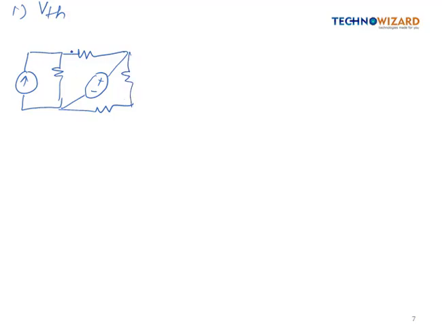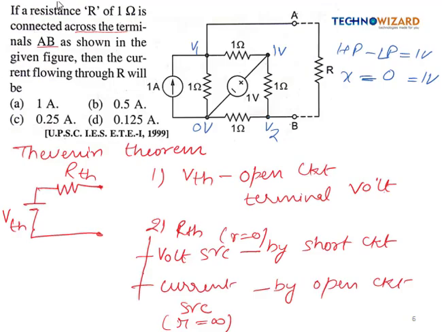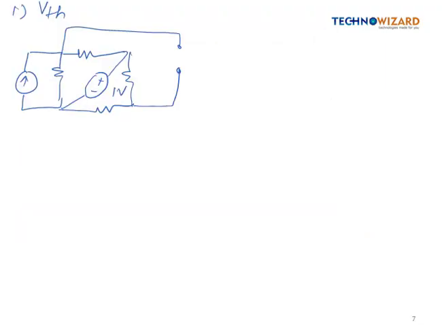So basically this was the terminal. First of all, we have to open this resistance. So this is 1 volt, and this is 1 ampere. Everything is 1 ohm, 1 ohm, 1 ohm, 1 ohm, and this is a 1 ampere current source. So I have open circuited the load, right?